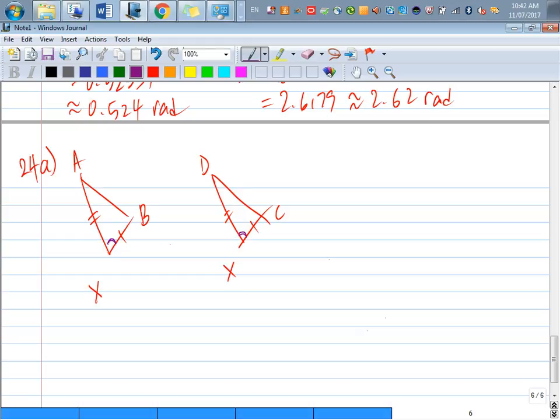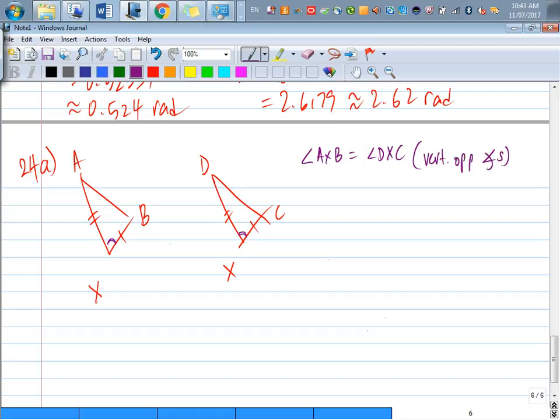Okay, once you have drawn it in your diagram, in your question paper, you know that they are vertically opposite angles. Okay? So, since they are vertically opposite, we can state that angle AXB equals angle DXC. Reason, vertically opposite angles. This is your angle, okay?